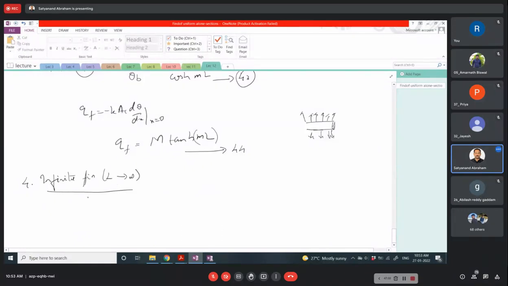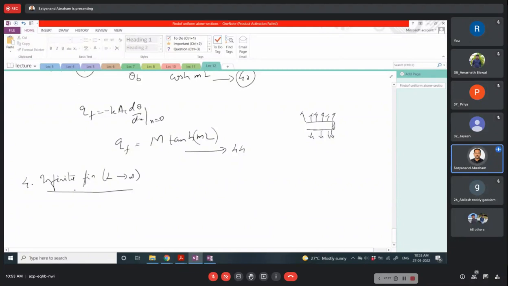So from this we are going to find out what the optimum length should be, because after that length there will be no use of it. Yes, definitely. So based on fin effectiveness and all, we will see what the length should be. What does infinitely long mean?